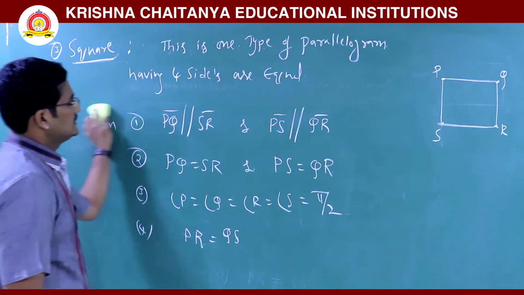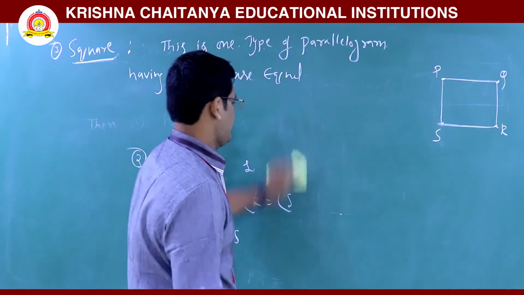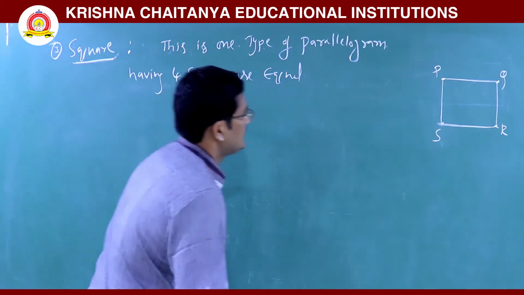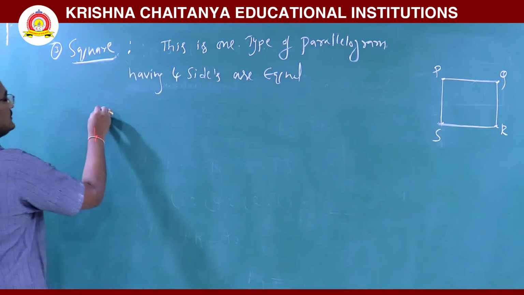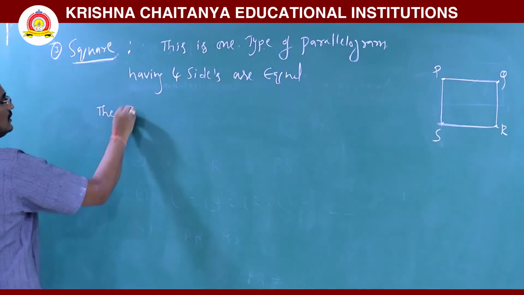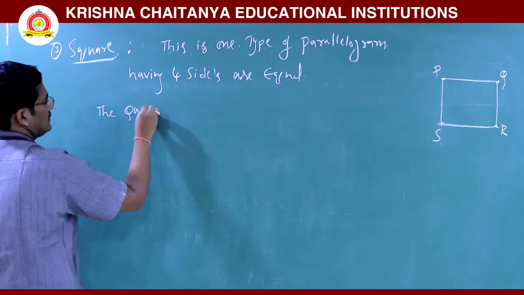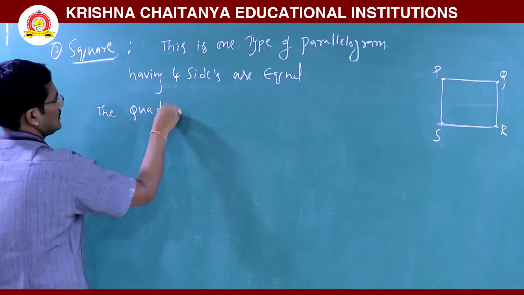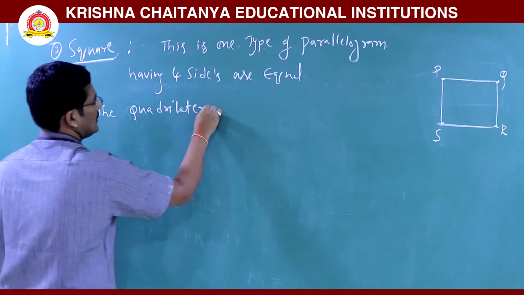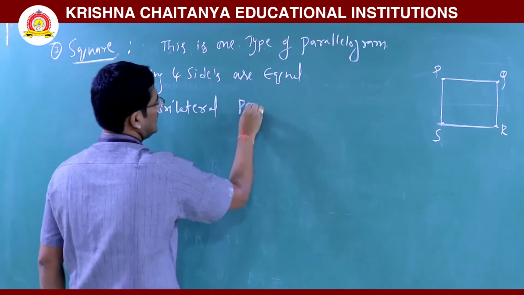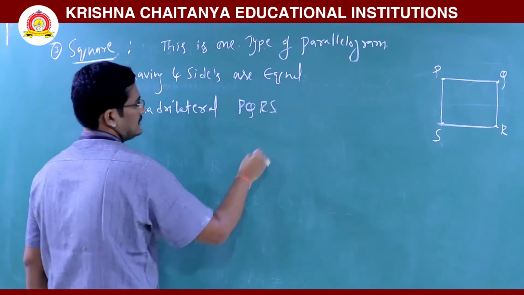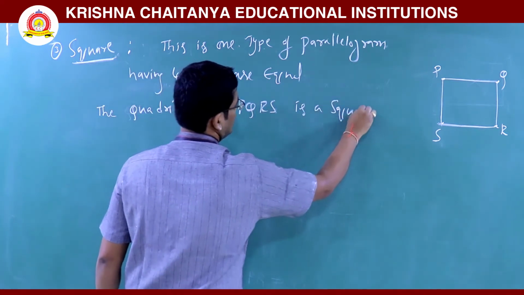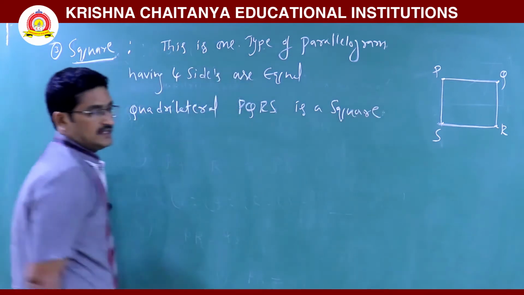See here. The quadrilateral PQRS is a square.